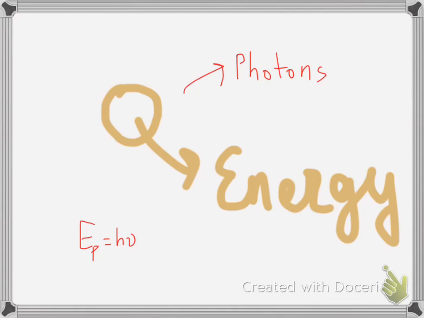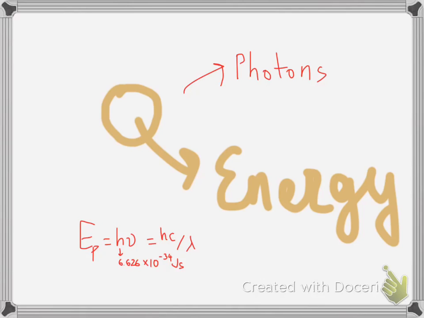So h here is the Planck's constant and has a value of 6.626 into 10 raised to the power minus 34 joule second. Okay, and this is the energy of a single photon. And this can also be written in the form of hc by lambda, so that we can also find the energy of a photon using the wavelength of that particle.